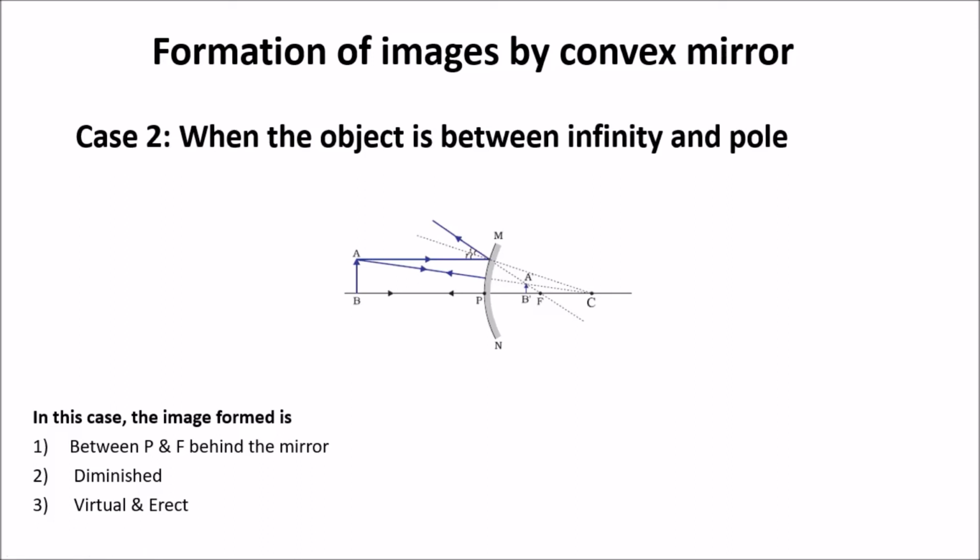Whereas concave mirror also formed a virtual image in one case, but the difference between the virtual image formed by convex mirror and the virtual image formed by concave mirror is that the virtual image formed by concave mirror is enlarged, or we can say magnified, whereas in case of convex mirror, in both cases the virtual image formed is diminished, which is smaller than the object.